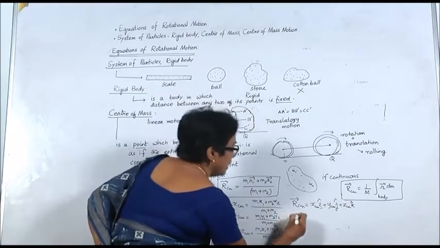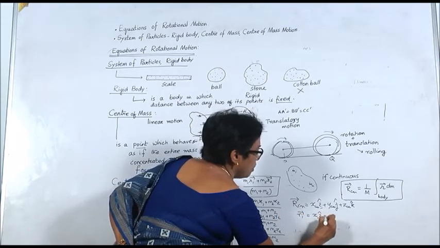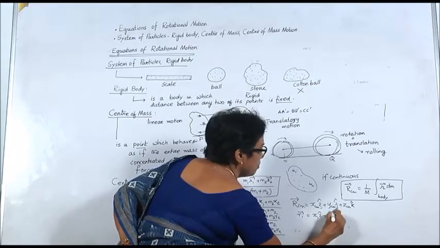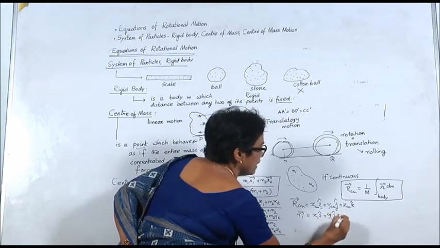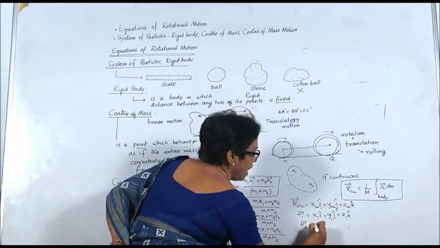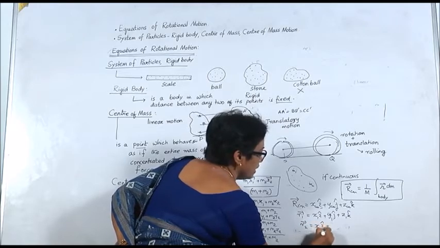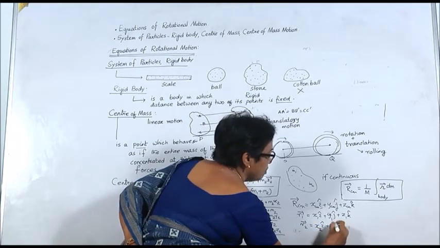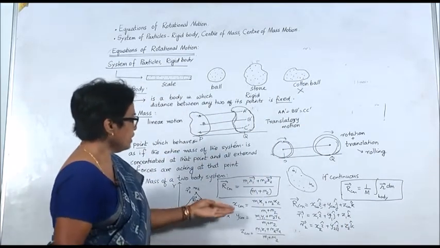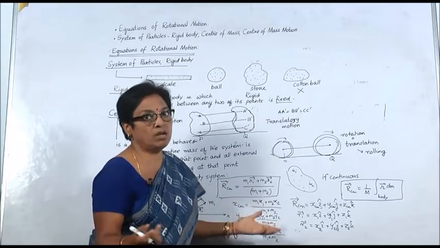So, the r1 vector is x1 i cap plus y1 j cap plus z1 k cap, and the r2 vector is x2 i cap plus y2 j cap plus z2 k cap. So, you can find out the corresponding components.